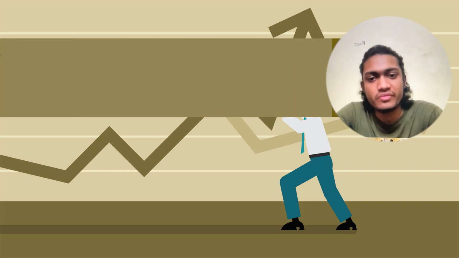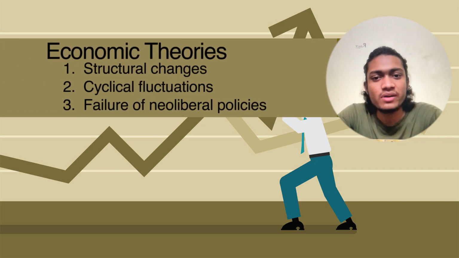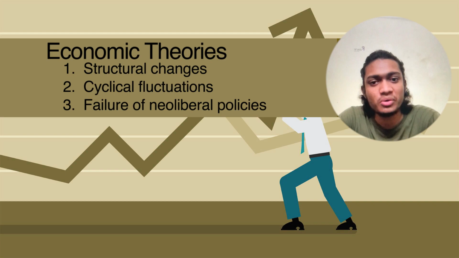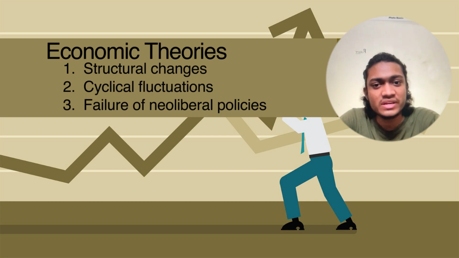After that, we will explore the fascinating world of economic theories that explain the cyclical structure of the Indian economy and whether these trends and theories help in indicating structural change, cyclical fluctuations, or even a failure of neoliberal policies.